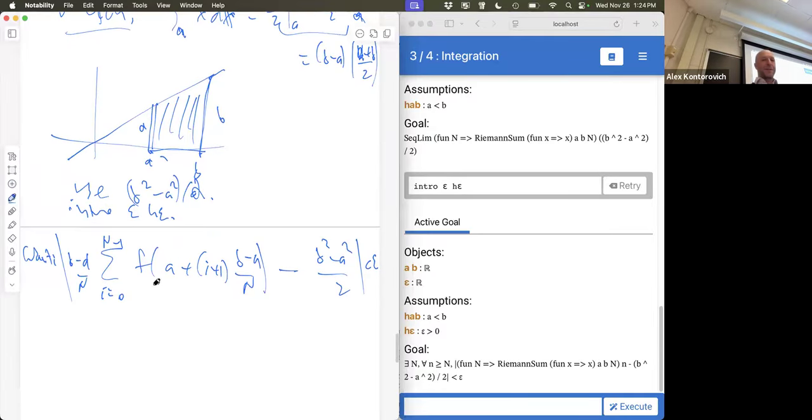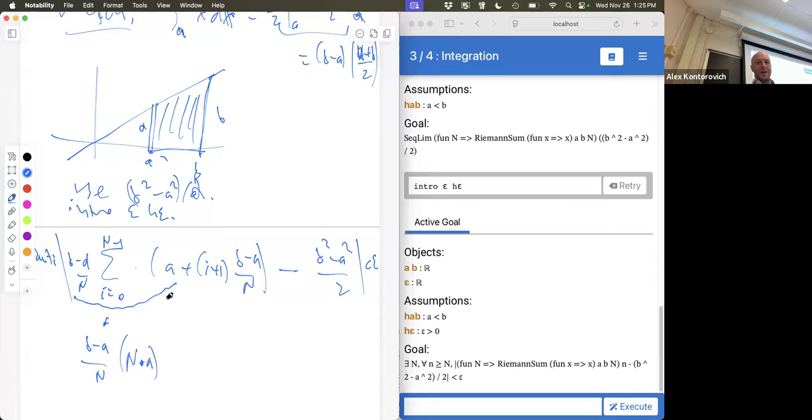Okay, and f of anything is itself. So I can just remove f here. All right. I'm going to add a to itself n times. So this part contributes a constant b minus a over n out front, and then just n times a. That's a times n. Okay.